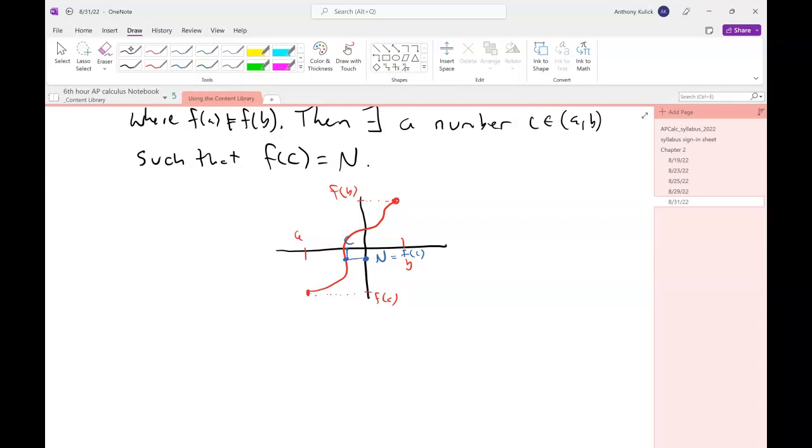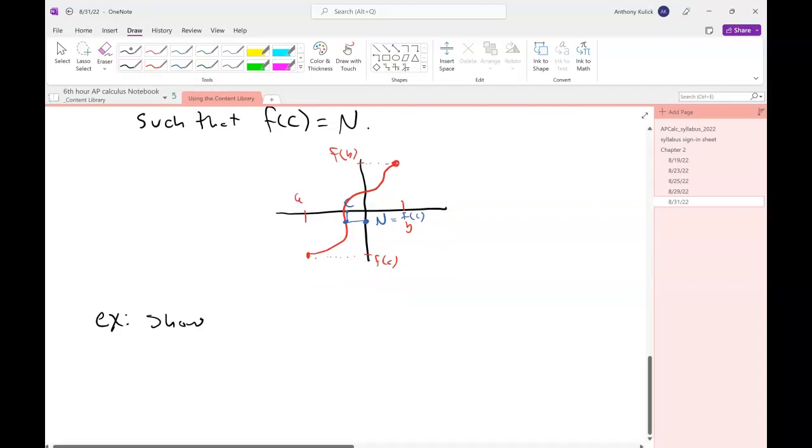They're really just Calc 1 things, not even Calc 2 or 3 things, but they're all differential calculus rather than integral calculus. That means nothing to you right now, but it will by the end of the year. Anyways, let's do a quick example on how we can use the intermediate value theorem.